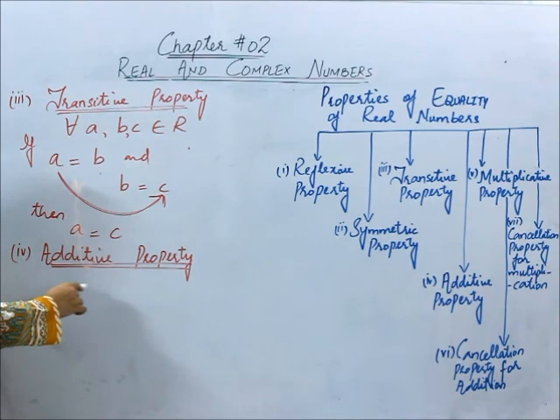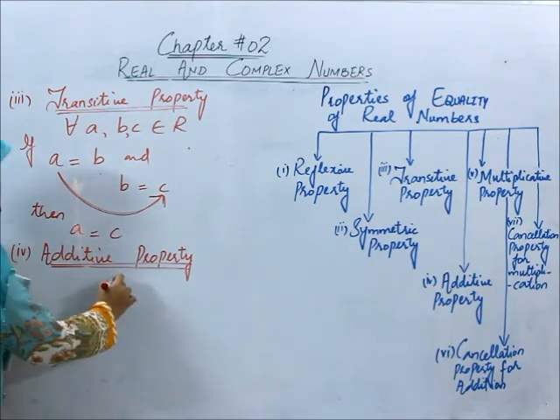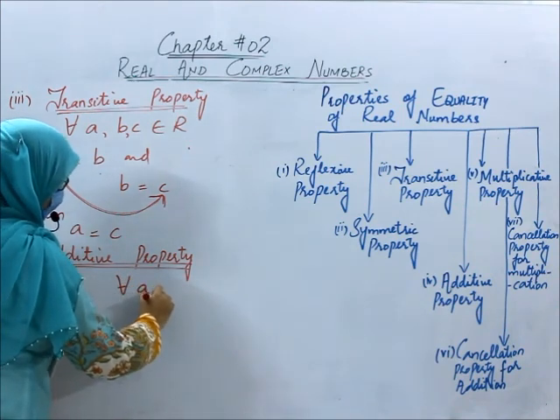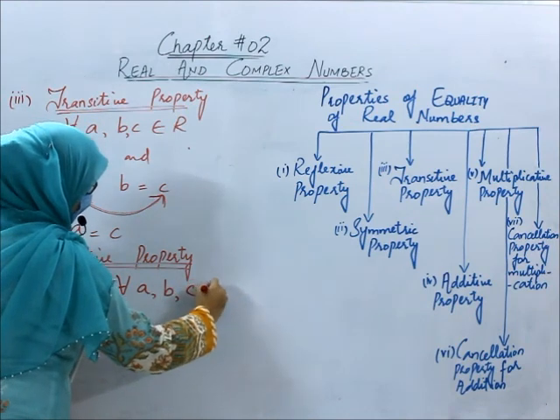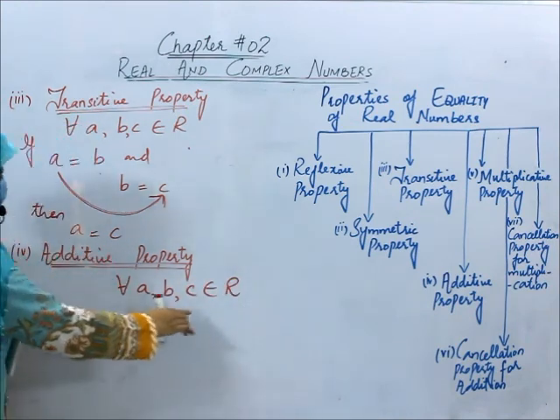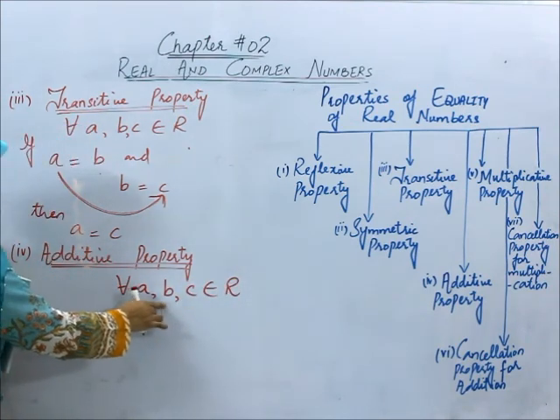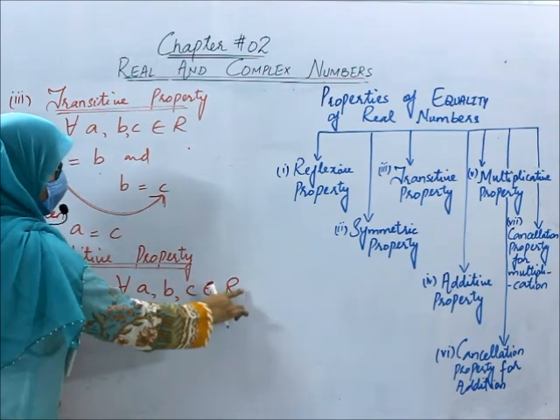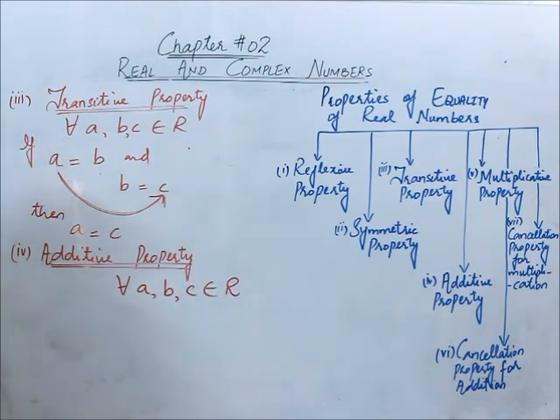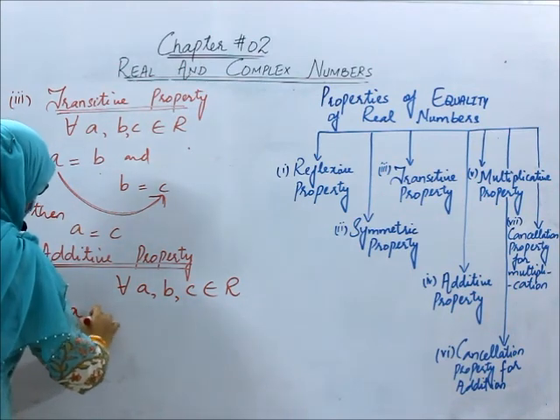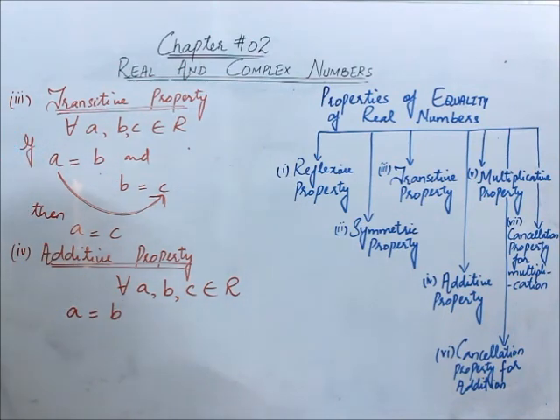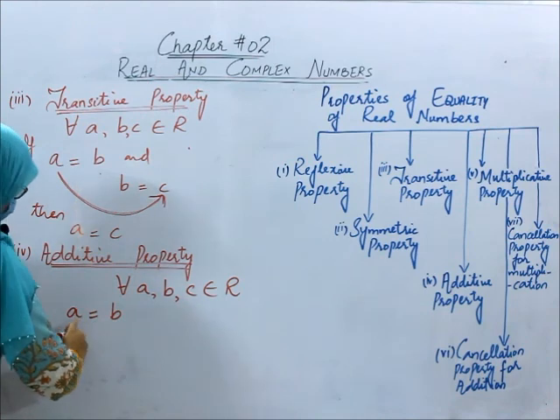Now next is the additive property. The additive property says that for all A, B, C which belong to the set of real numbers, if A equals B and we add a number on the left side, we will add the same number on the right side of the equality.